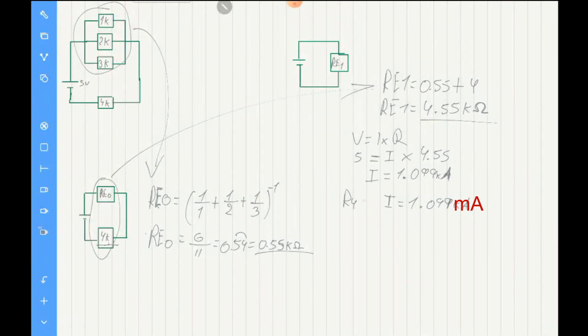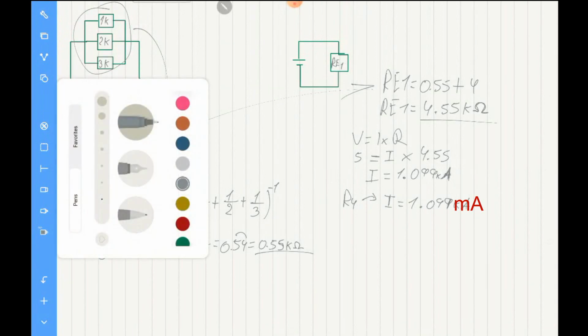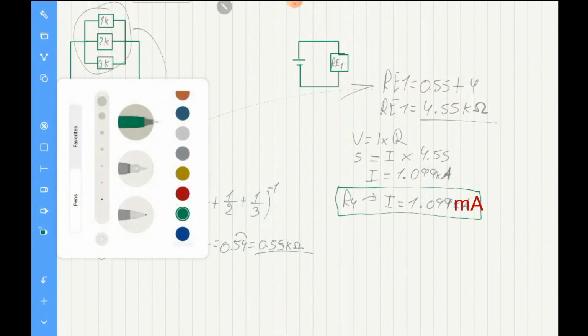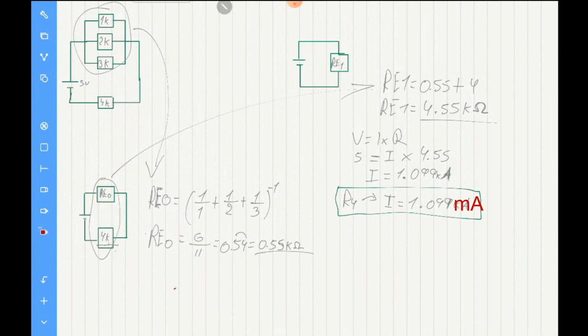In R4 we have our first calculation here. To calculate the values in R4, R3, R2, R1, now we have to calculate the voltage over R1 and R2.